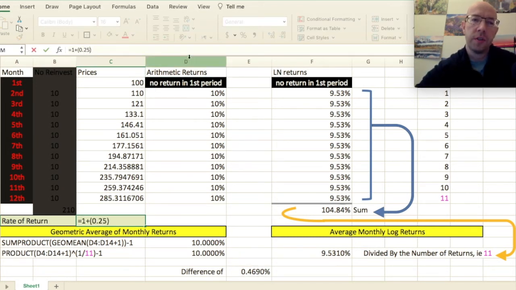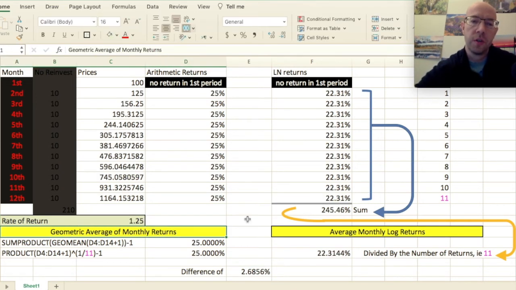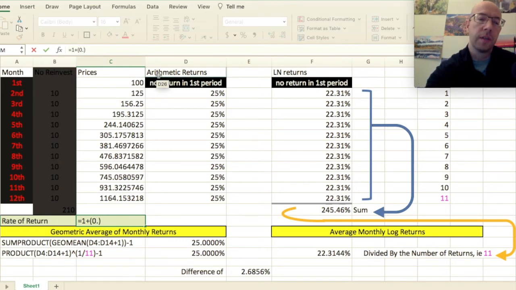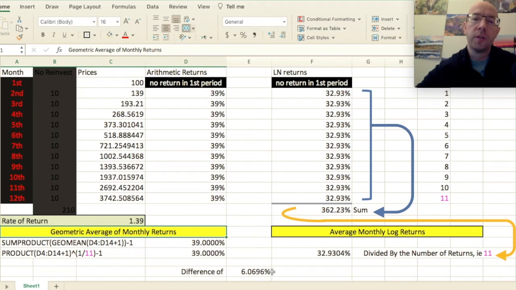It's going to jump as far as the difference between the two measures. Now we're at a difference of 2.68%. The further that I increase and make this a larger return, if I do 39% annual return, now the difference between my two measures is 6.069%.